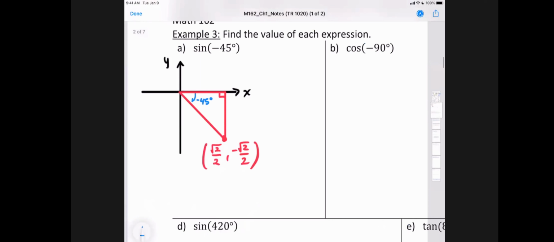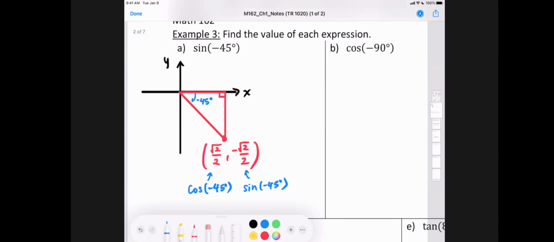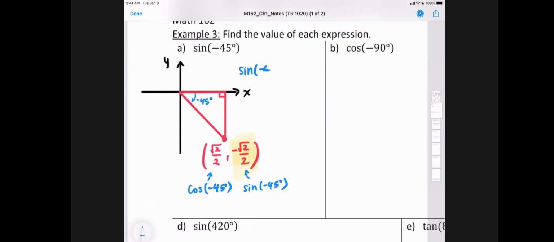Our x coordinate would be the cosine, and the y is the sine. Since we want the sine, we take our y coordinate. So sine of negative 45 degrees is negative square root of 2 over 2.